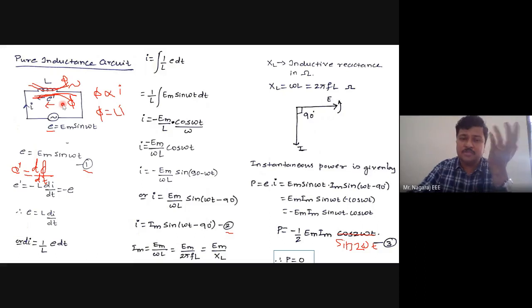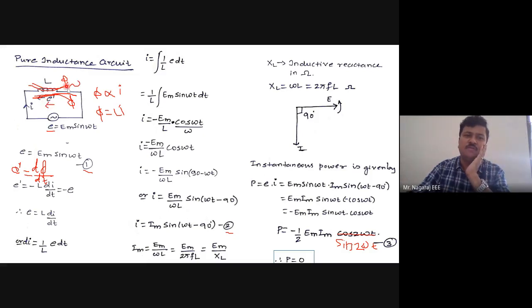What do you mean by consumption? Converting power to heat. Heat dissipation is consumption. So the power consumed is 0, but the entire power given by the source to this inductance is stored in the form of electromagnetic energy surrounding this inductance.